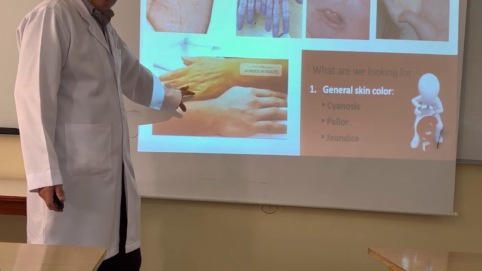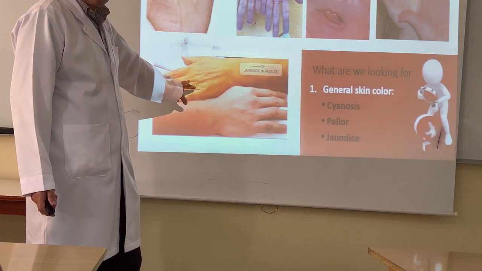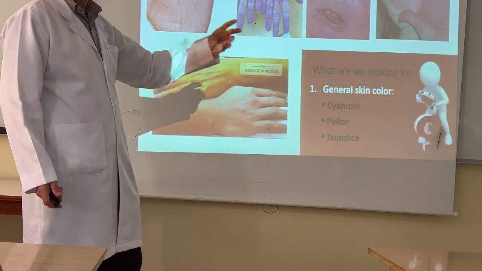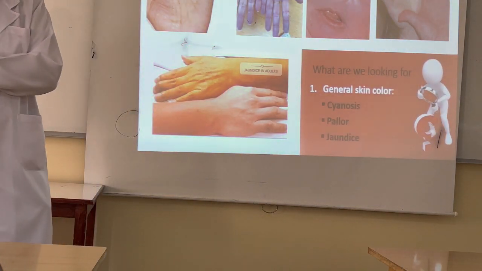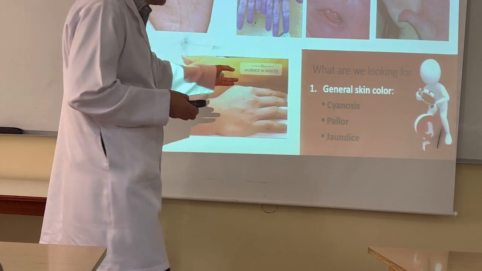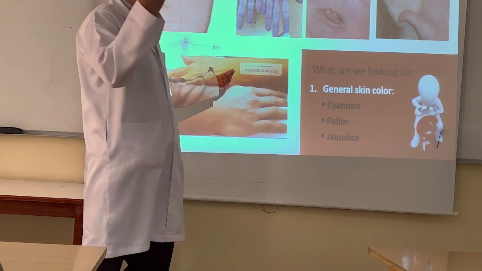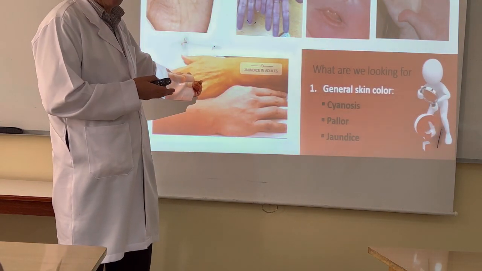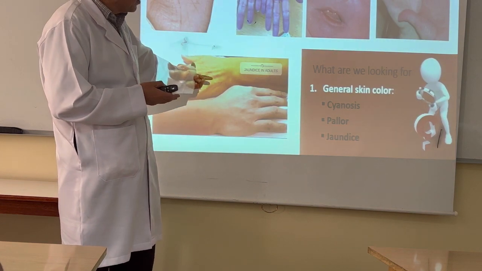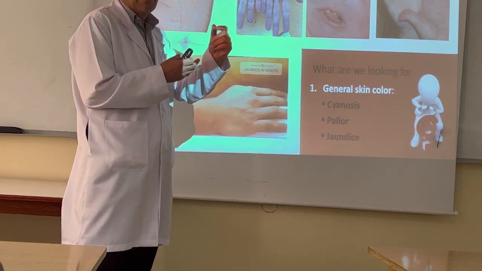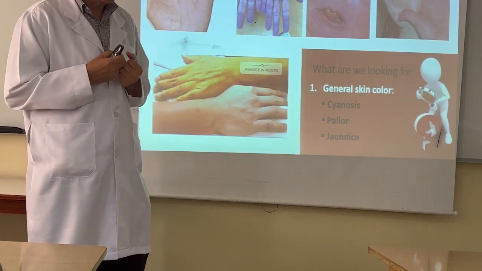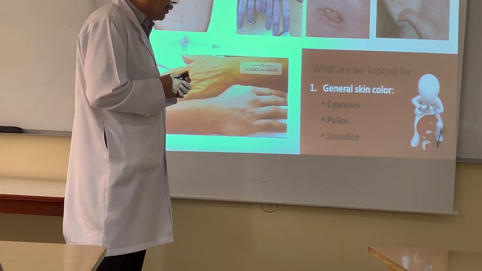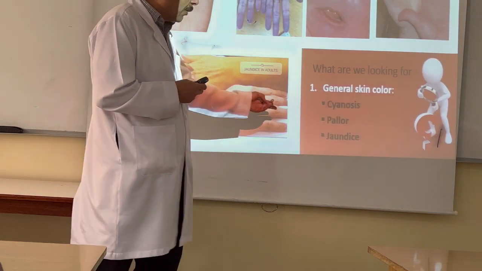Here, yellow. So this is jaundice. It means either liver disease or hemolytic disease. There are many diseases that will raise the bilirubin, and it will appear in the skin color. It will be apparent mostly first on the eyes, on the sclera. So pallor, jaundice.